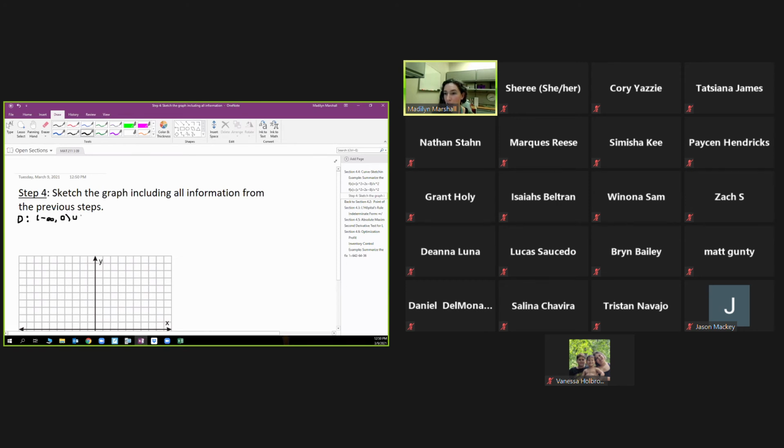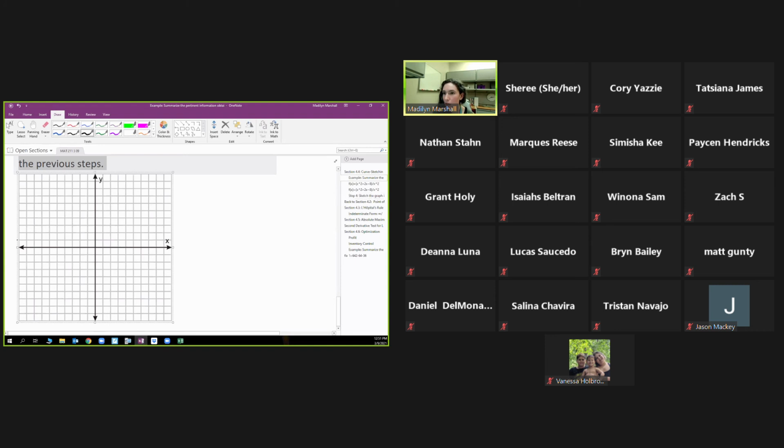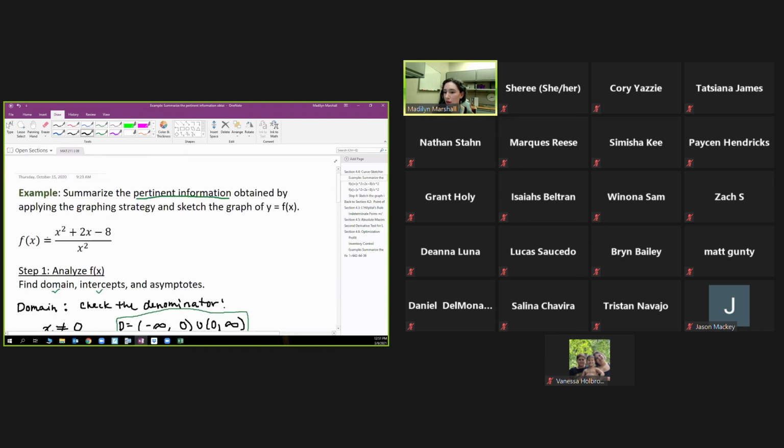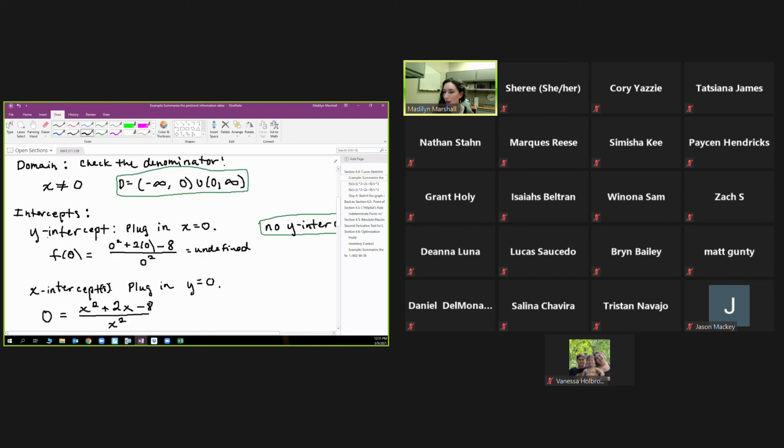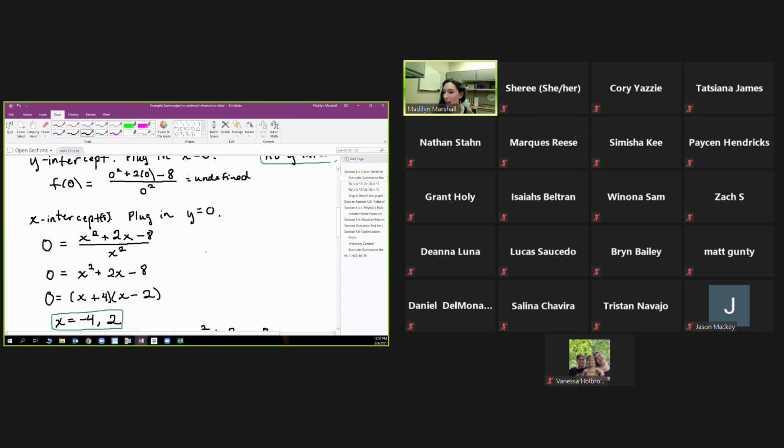So we just found that the domain is everything other than 0. We found there's no y-intercept, but the x-intercepts are at negative 4 and 2.